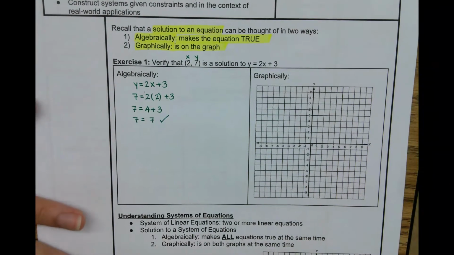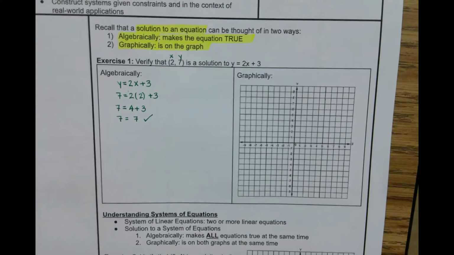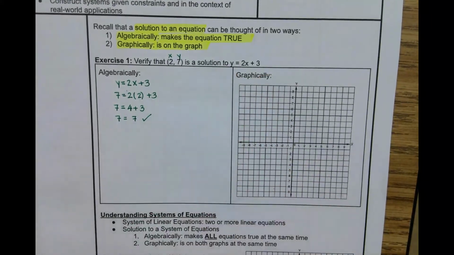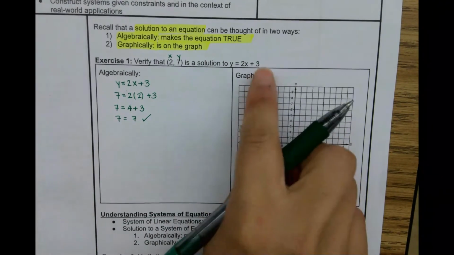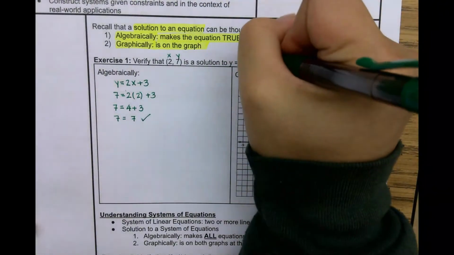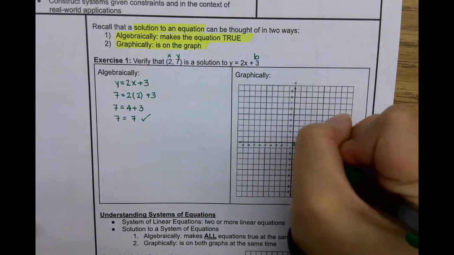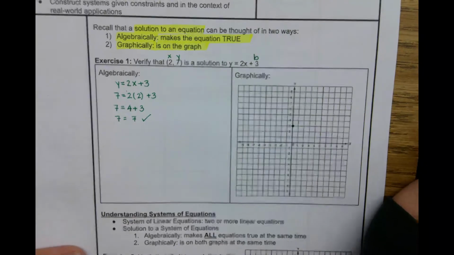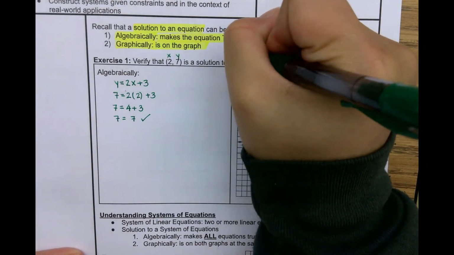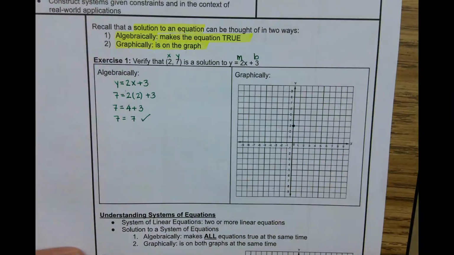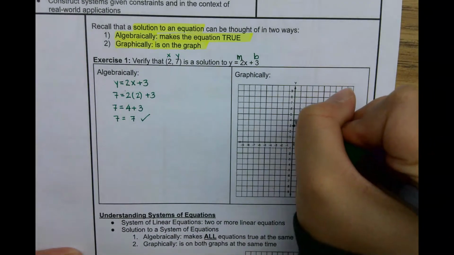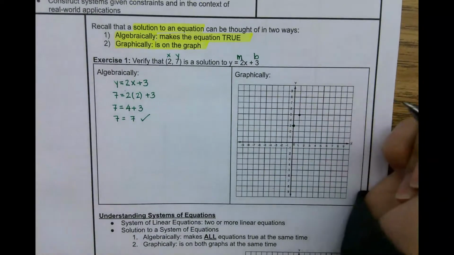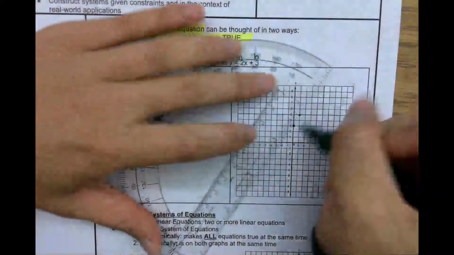Then we're going to verify it graphically, and we do that by graphing our linear equation. I'm going to start here with my y-intercept, my b. This is 3, so it's going to be (0, 3) here on the y-axis. Then, using my slope here, which is 2, I'm going to go up 2 and right 1. Then, I'm going to graph my line.